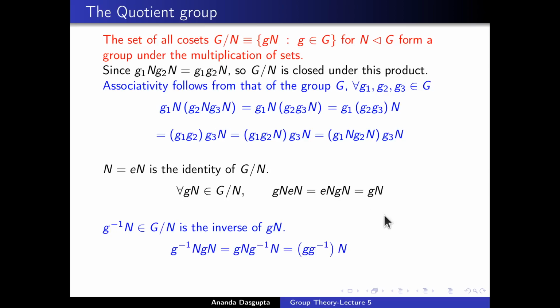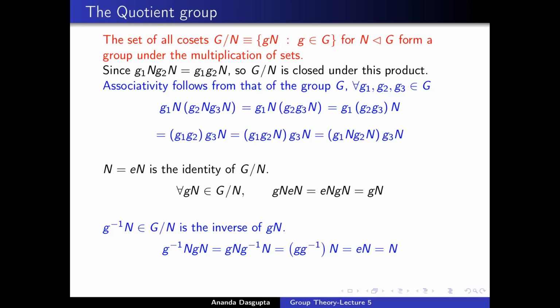All you have to do is multiply g inverse N gN or gN g inverse N. I've just shown the last line, but you can easily check that this works also for the thing on the left here. gN g inverse N is g g inverse N, and g g inverse of course is identity, so this is eN. Sorry, there's an equality sign which has gone missing here, and eN has to be equal to N. So the existence of the inverse has been established.